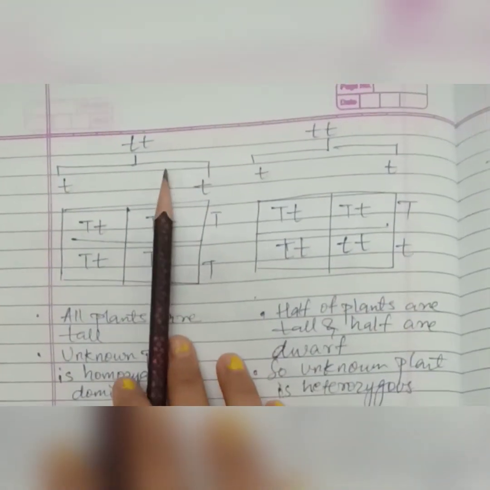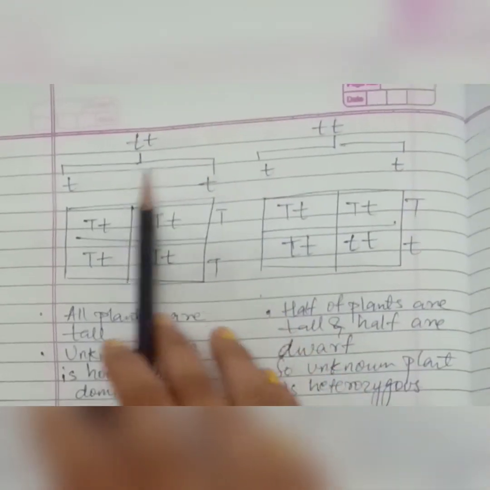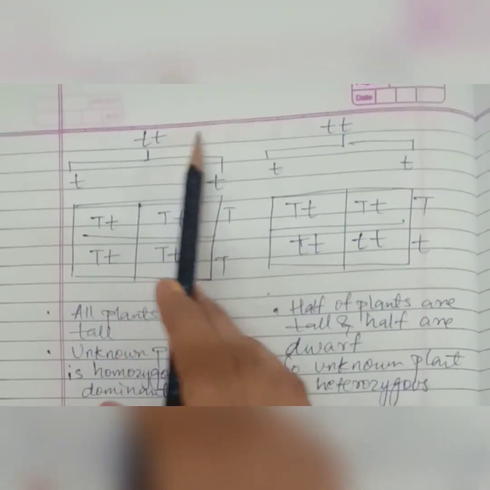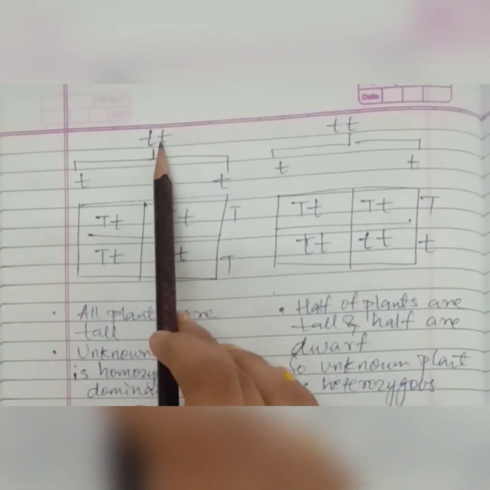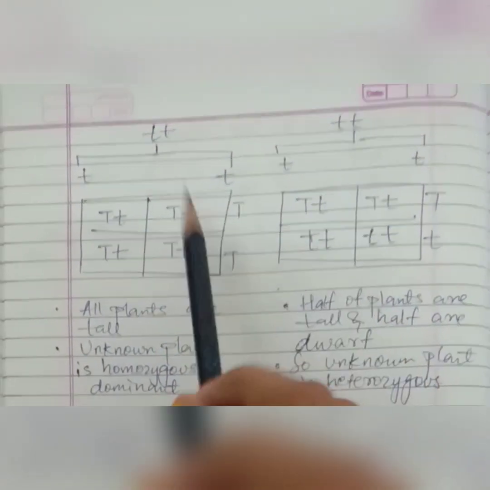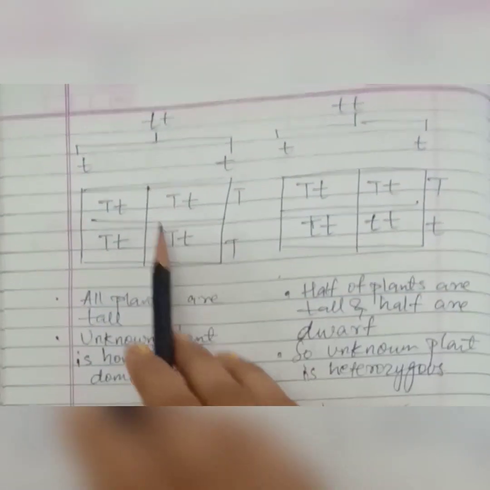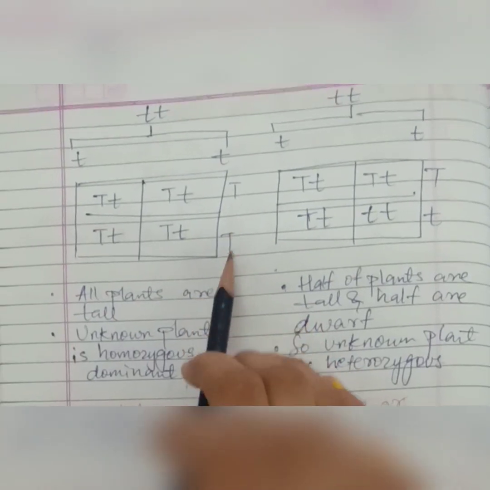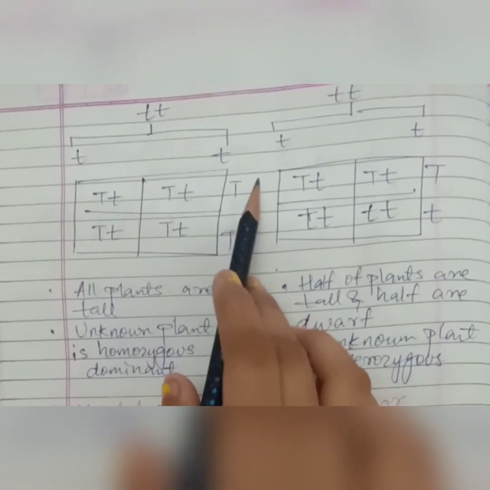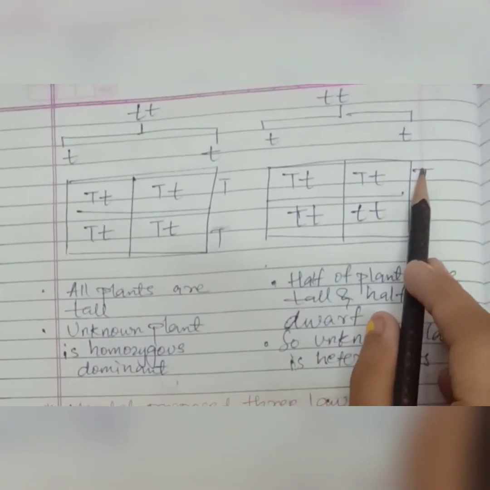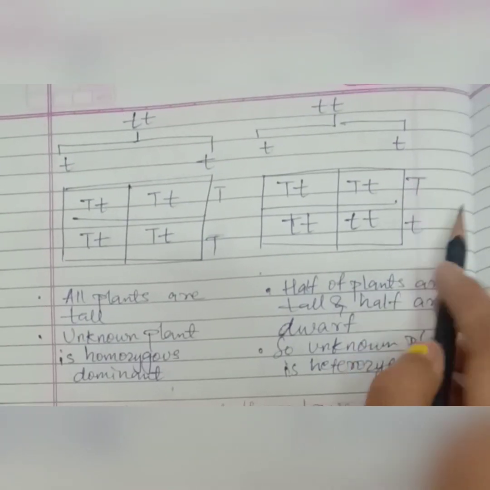This is also another example of test cross. Here we have taken height, we have taken small t, and when we hybridized, first we have taken capital T, and second type we have taken capital T, small t.